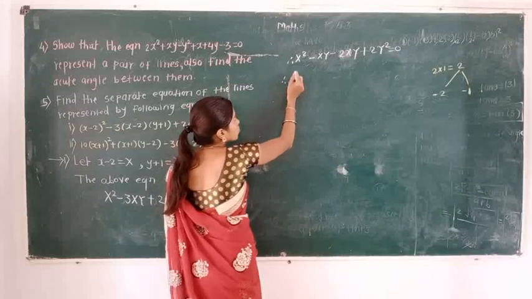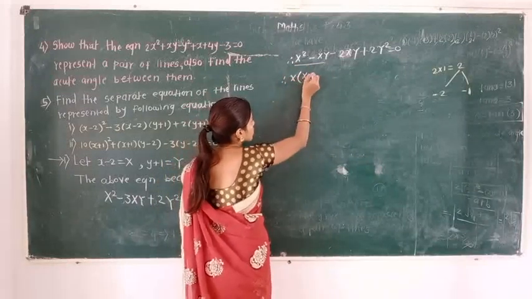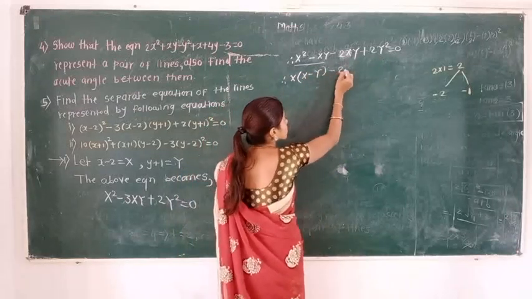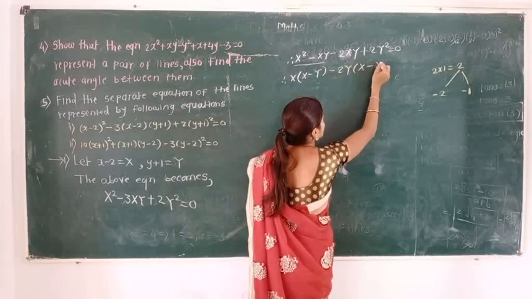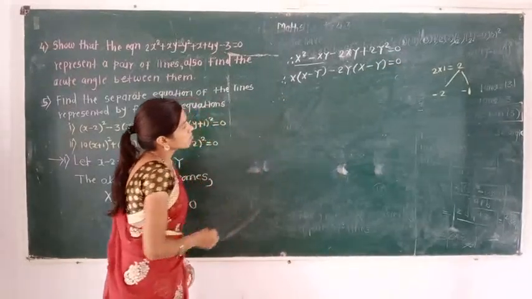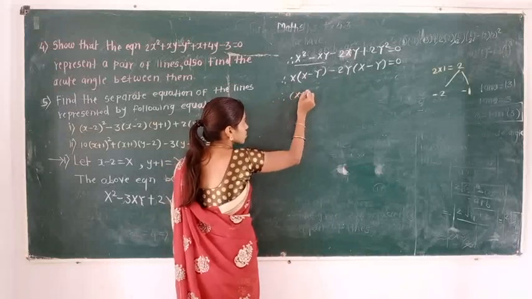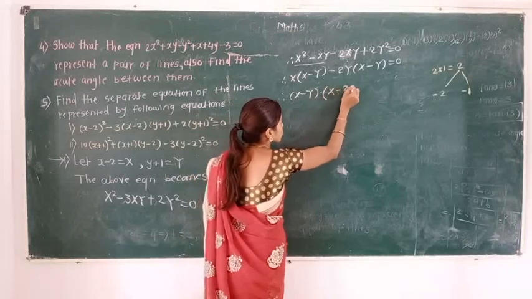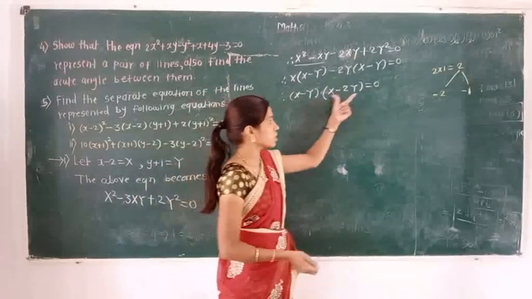Now take the common factor of the first two terms, which is x. In the bracket we can write x minus y. Now take the common factor of the other two terms, which is minus 2y. In the bracket we can write x minus y. Now in this equation we take the common factor x minus y, and into it we write x minus 2y is equal to 0. We know that the product of these two brackets gets 0.